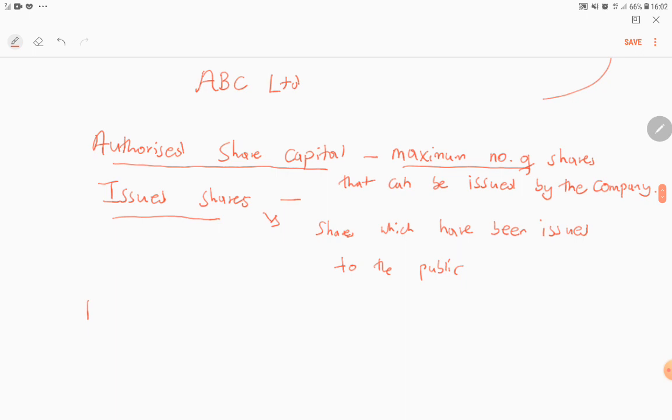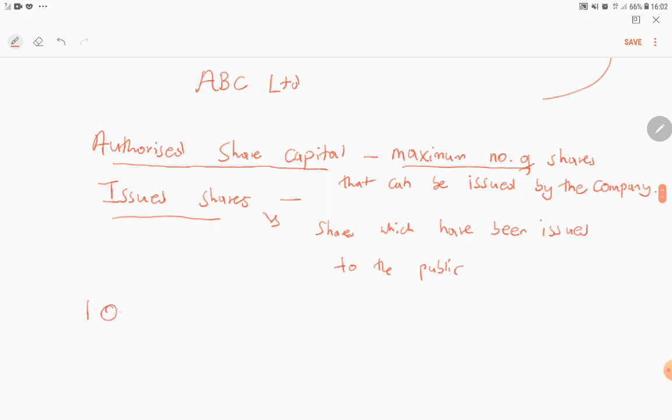For example, when a company starts, after it has been registered, the people who were responsible for registering the company, the initial shareholders, are the ones who decide what the authorized share capital of the company is.